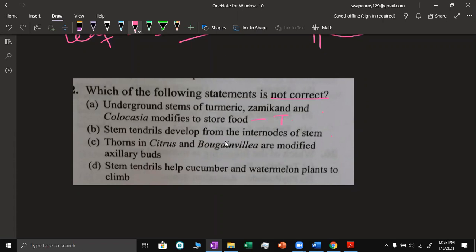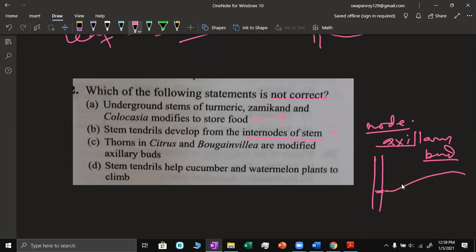A stem tendril develops from the internode of a stem, no, not the internode. It is from the node, from the axillary bud. Say this is a leaf and this is the axillary bud.